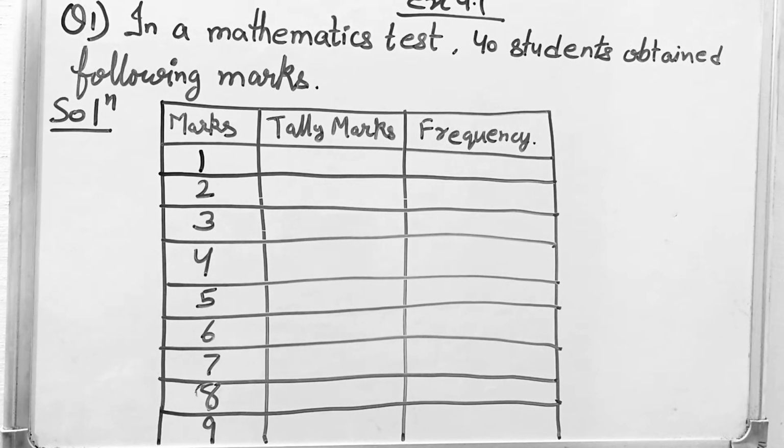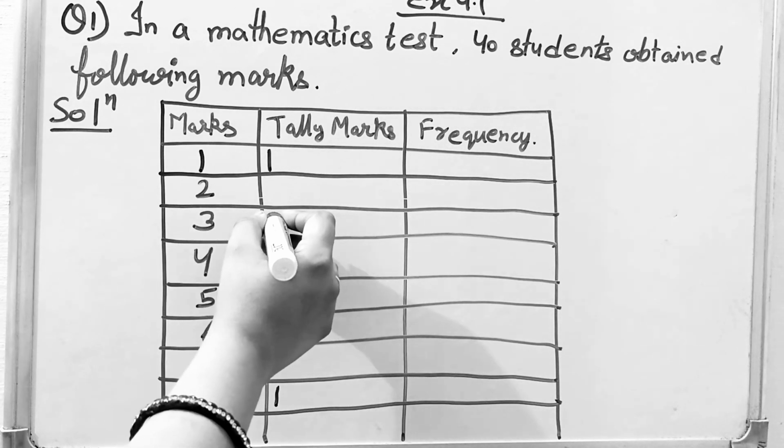Now we will go through the data and put tally marks for every occurrence of marks. First is the occurrence of marks 8. So we will put the first tally mark in the column of tally marks and in the row of marks 8. After that, the occurrence is of 1, so the next tally mark will go in the row of 1.